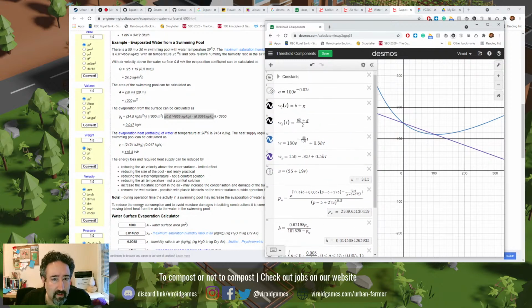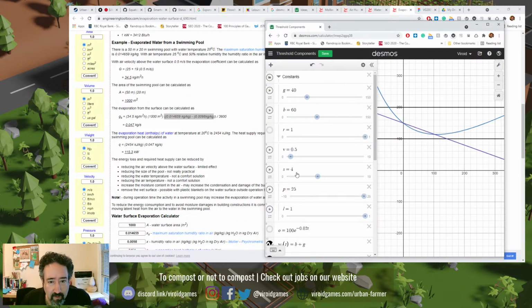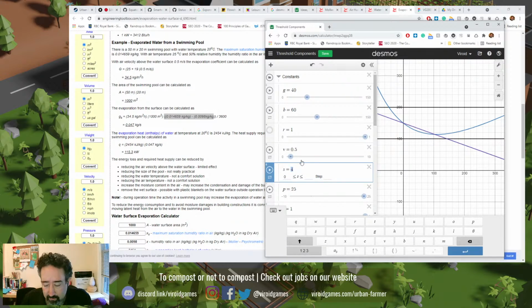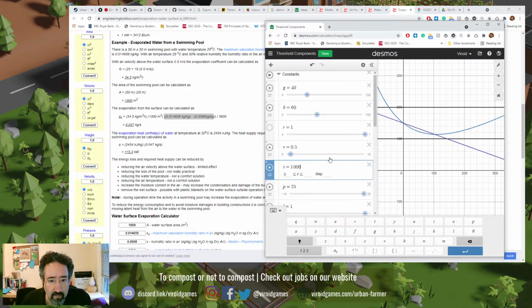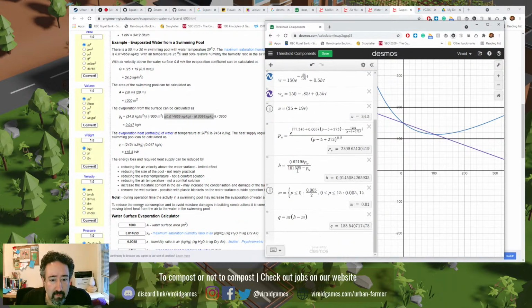Okay, let's plug in S as 1000. Pretend. We are checking the sanity of this. This H value is this value, 0.014. It's a little bit off.